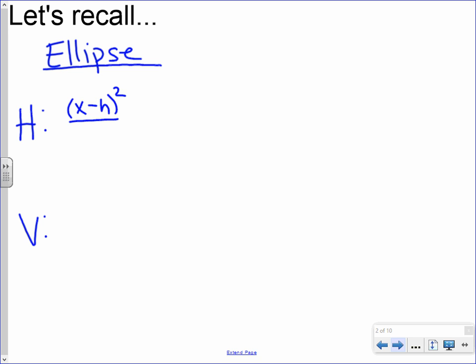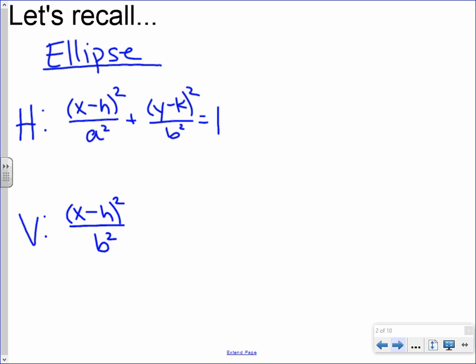The bigger denominator is under the x. Okay, so remember in an ellipse, A is always big. A is always bigger than B, all right? And that is how we tell whether we have a horizontal or vertical ellipse.